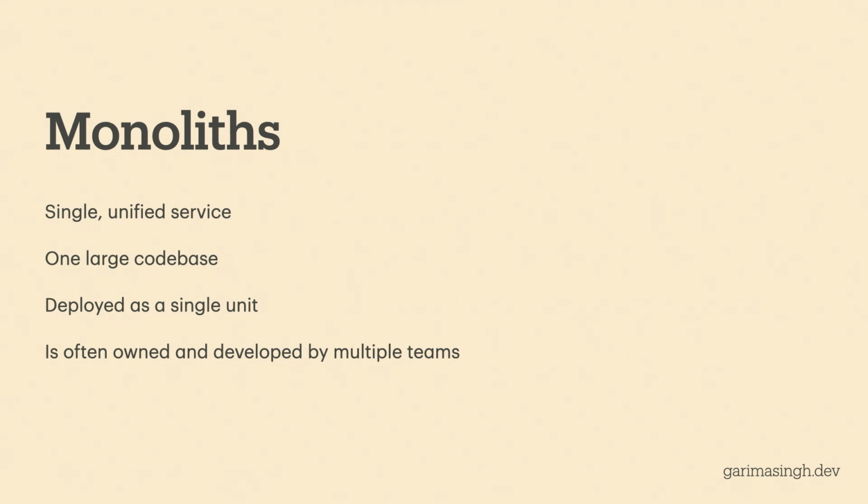So monoliths, just by the definition, are simply a single unified code base. So when you are writing code for a monolithic architecture-based application, it's in the same code base, gets deployed as a single deployable, is owned by one or more teams depending on the size of the organization, and essentially it's one service, right?